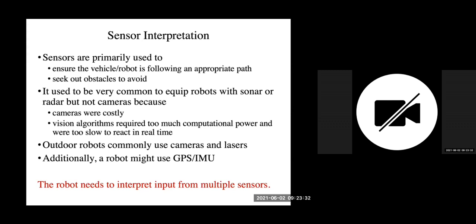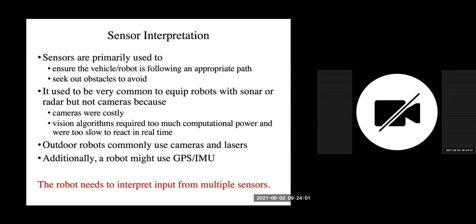Okay, sensor interpretation. Sensors are primarily used to ensure the robot is following an appropriate path, and also to find obstacles in the environment, just to avoid them. For robots, the very typical sensors include sonar, radar, and also cameras these days. In the old days, sonar and radar were pretty popular because they don't provide images.